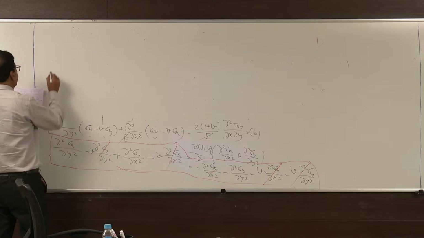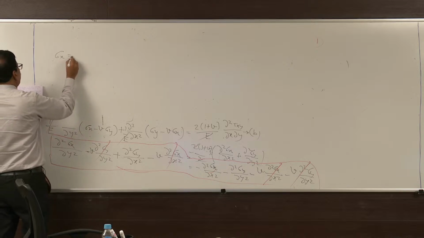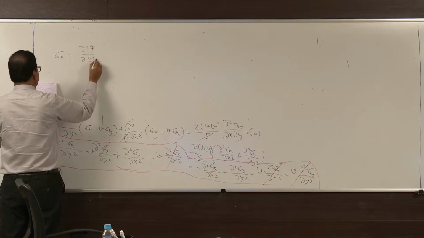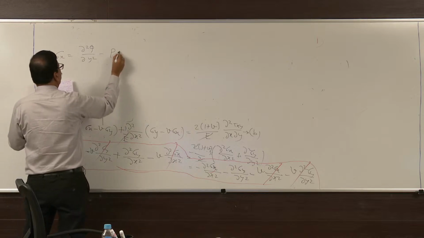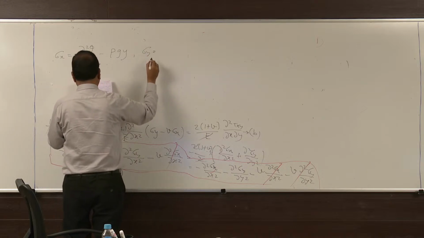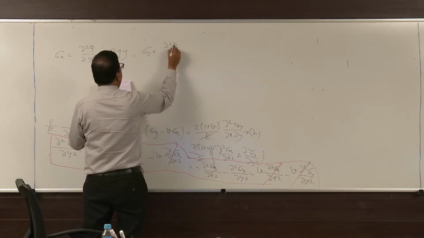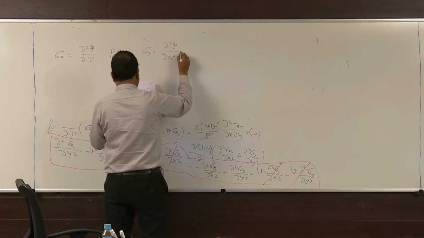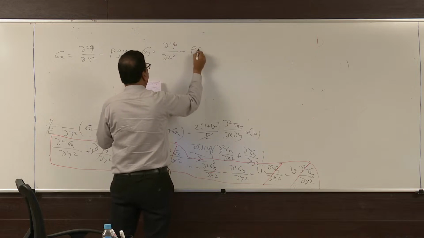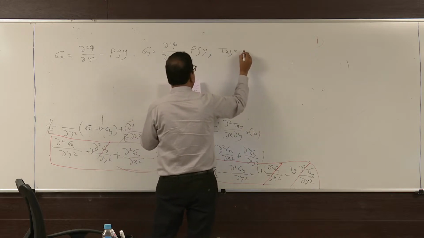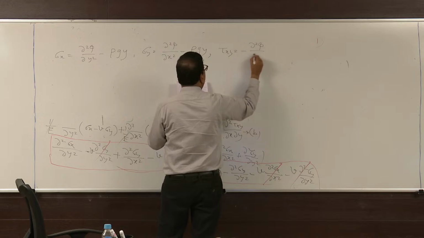If we put sigma x as del square phi upon del y square minus rho g y, sigma y is equal to del square phi upon del x square minus rho g y, and tau xy is equal to minus del square phi upon del x del y.